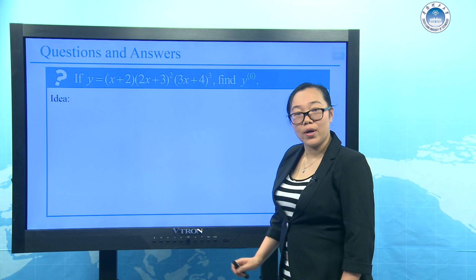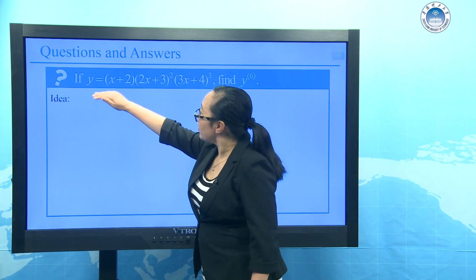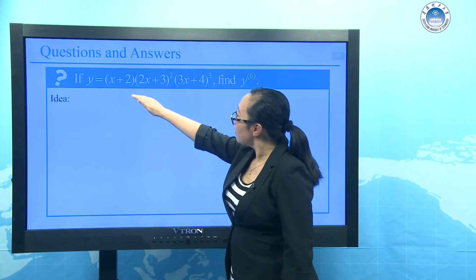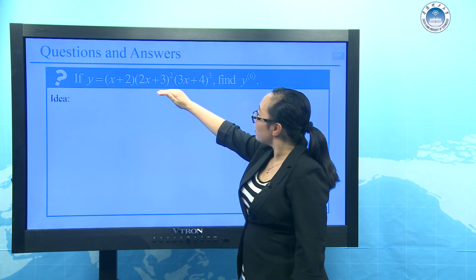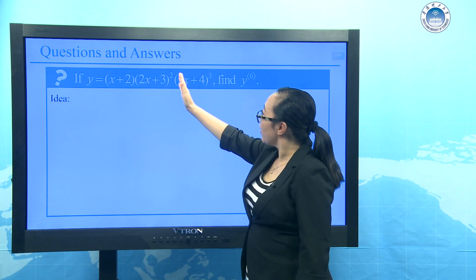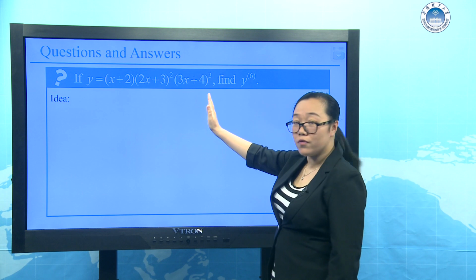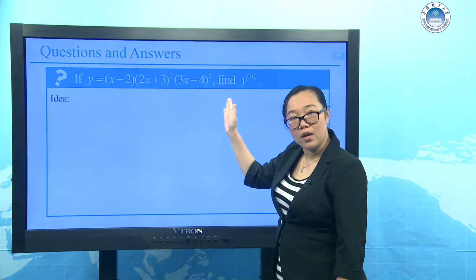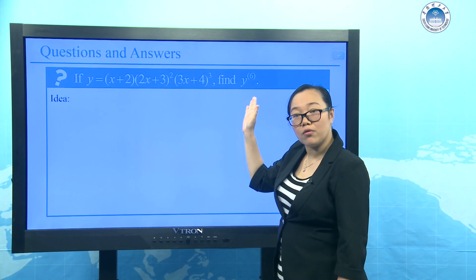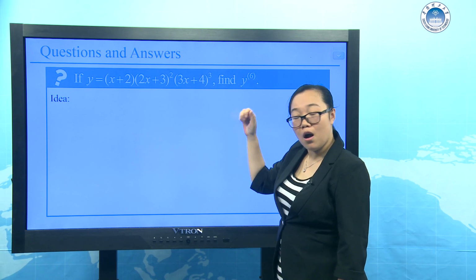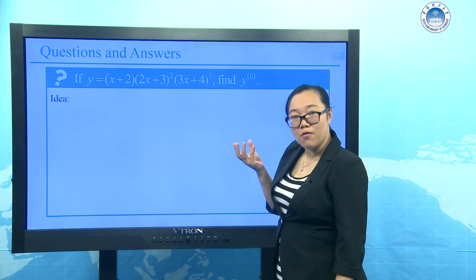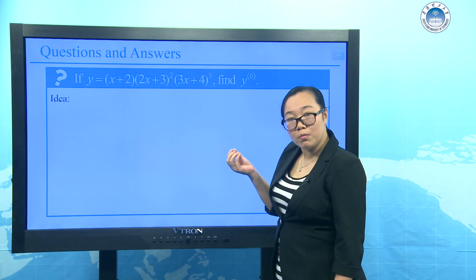Now look at this question. If y equals (x plus 1) times (2x plus 3) squared times (3x plus 4) cubed, try to find the sixth derivative of y. What is y? Yes, y is a polynomial.